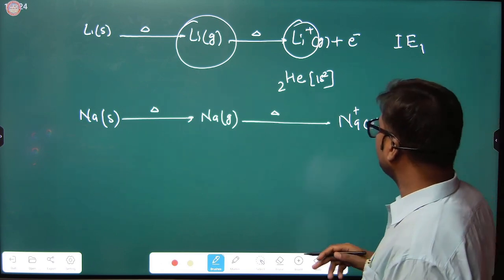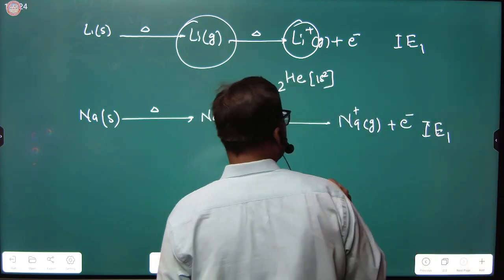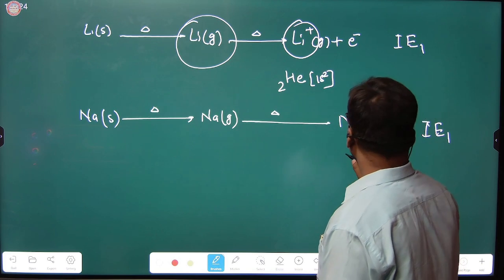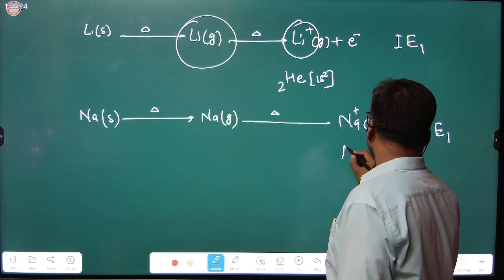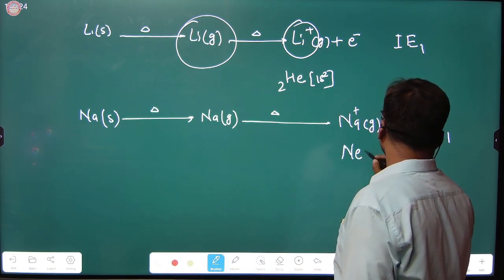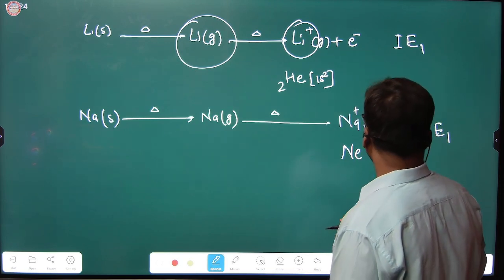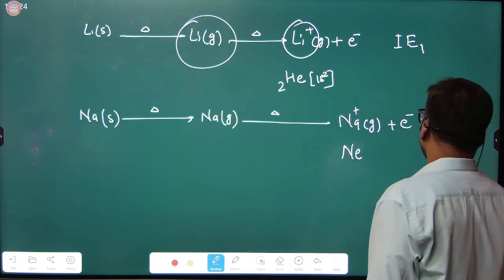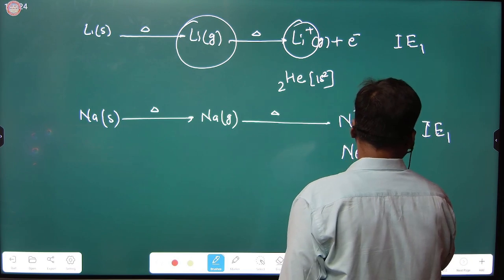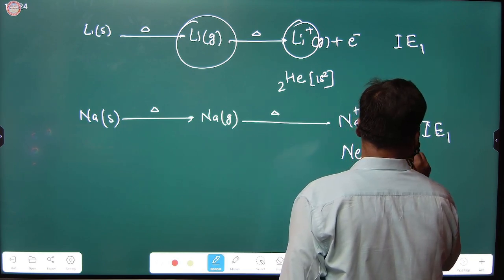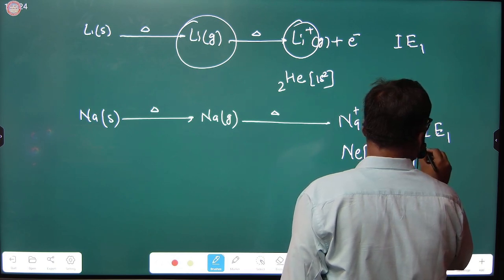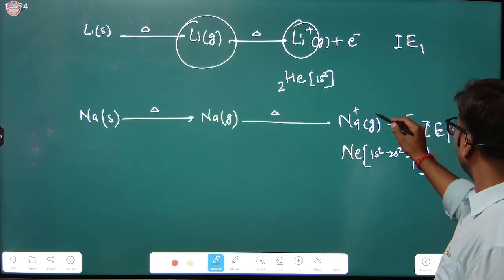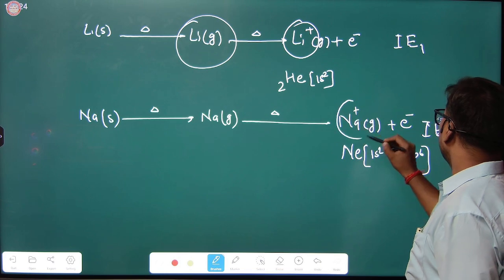So in case of sodium, what is the configuration? The configuration of the gaseous sodium cation is that of neon. In case of neon, what is the electronic configuration? That is 1s2, 2s2, and 2p6, right? So this is the electronic configuration of Na+ in the gaseous state.